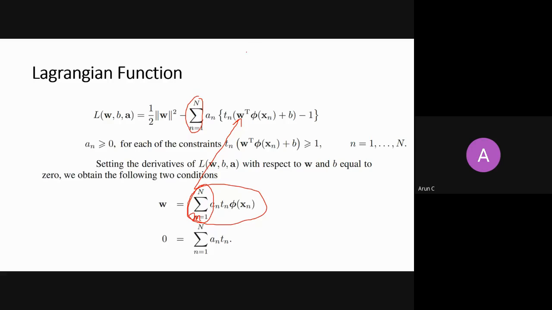So this is over N, then this is AN, this is TN, right? Then this is summation over M, just to differentiate from N to M. Then this is phi N.